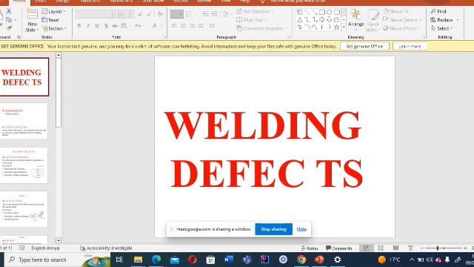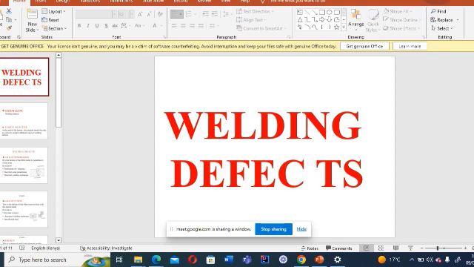And after welding, we know that there are some defects that occur during welding. So today we are going to see those types of welding defects, and maybe to brainstorm, what kind of welding defects do you know before we look at the scope and the objective of this lesson?